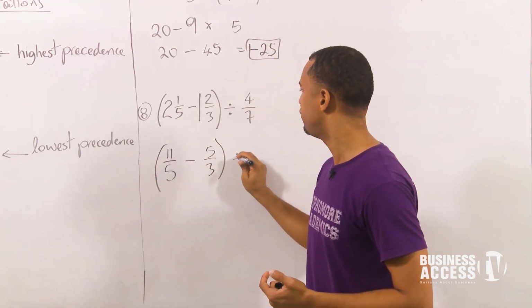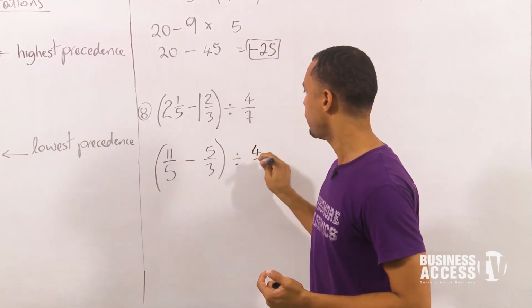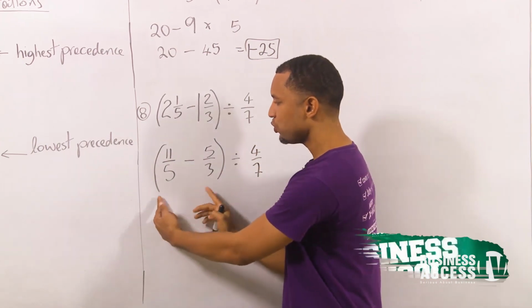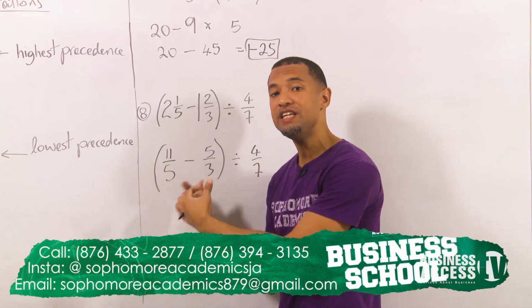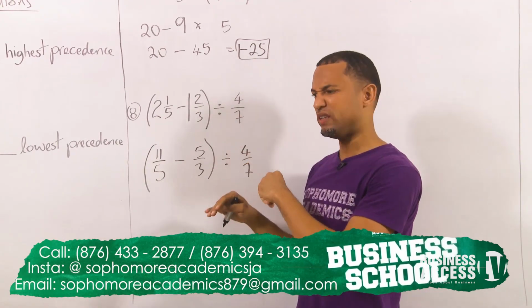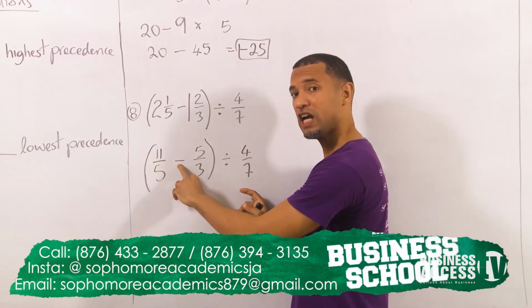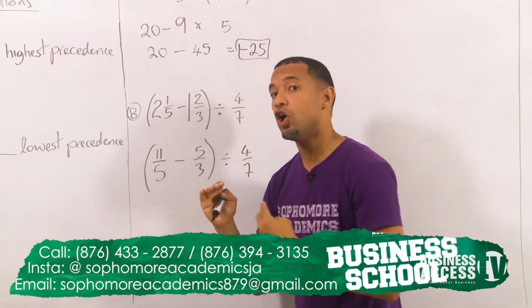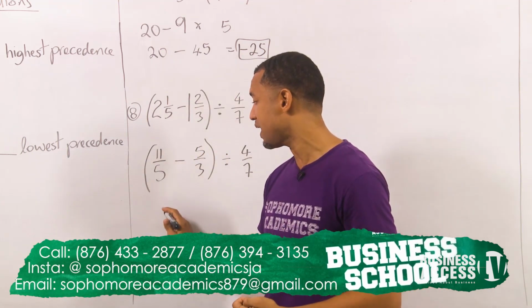And then you're gonna divide by 4 over 7. Guys, we have to work out what's in the bracket first, even with fractions. So we know that division takes higher precedence than subtraction, but the brackets are the ultimate. So you have to work out the brackets first.